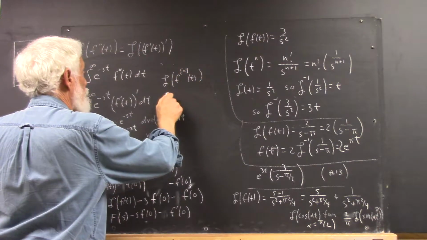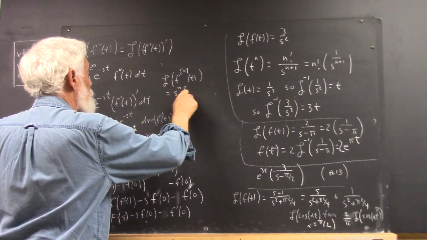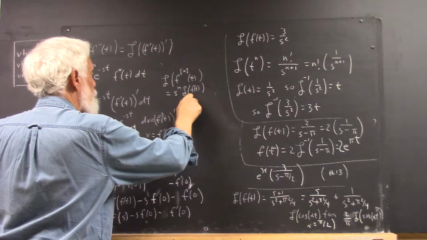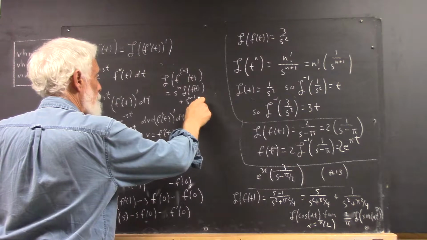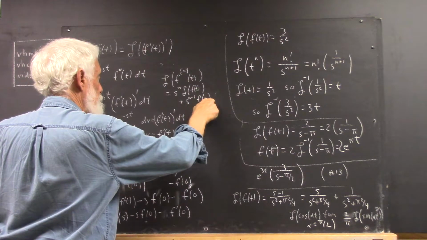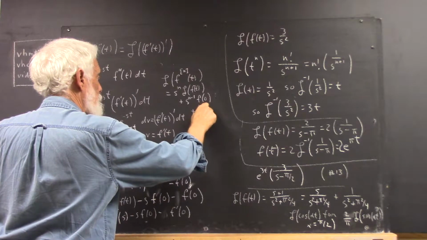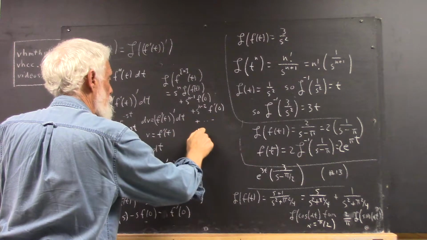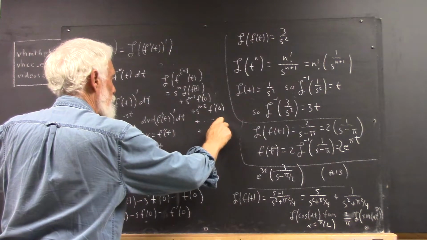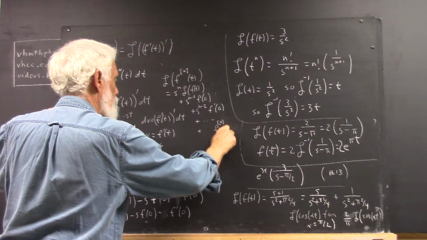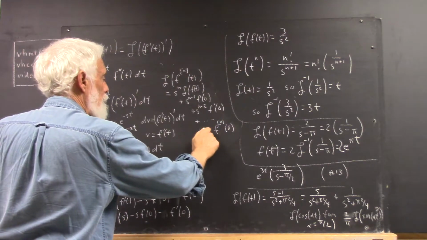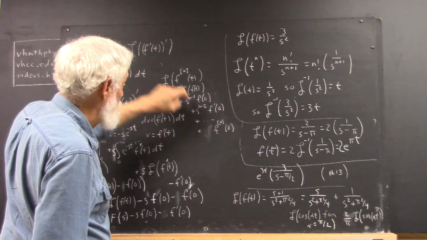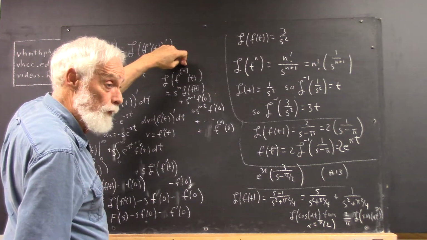And by what I said, that's going to be s to the n times the Laplace transform of f of t minus s to the n minus 1 times f of 0 minus s to the n minus 2 times f prime of 0. And you keep going until you get down to the nth derivative of f at 0. And you'd have s to the 0 here. Of course, s to the 0 is 1, so you don't even have to write it. That's the meaning of the Laplace transform for higher derivatives.